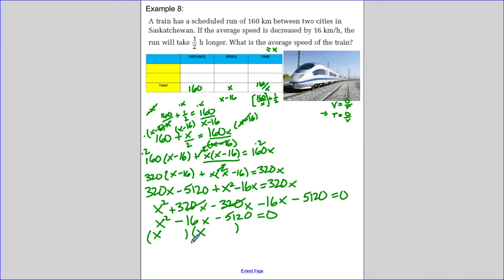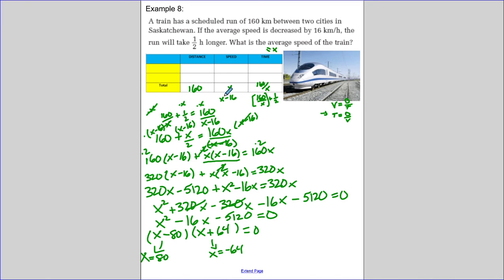So I ended up getting x minus 80 and x plus 64, since 80 times 64 gives 5,120. That means in this case that x is equal to 80 and x is equal to negative 64.